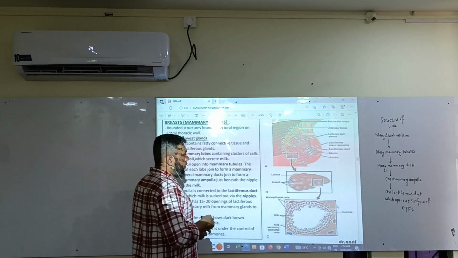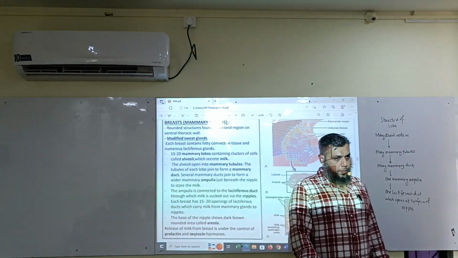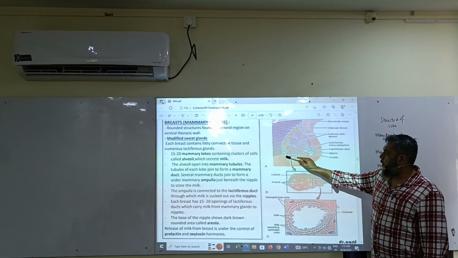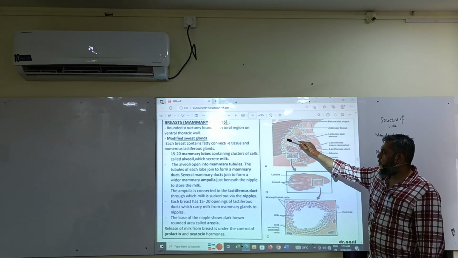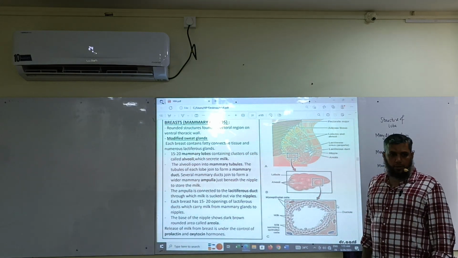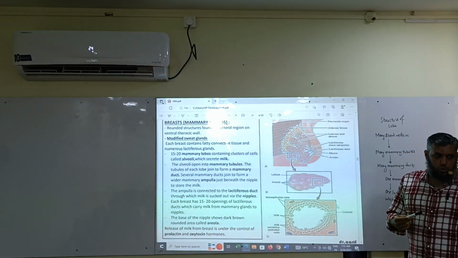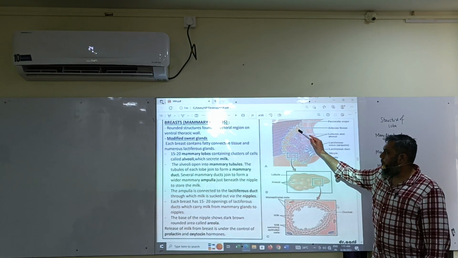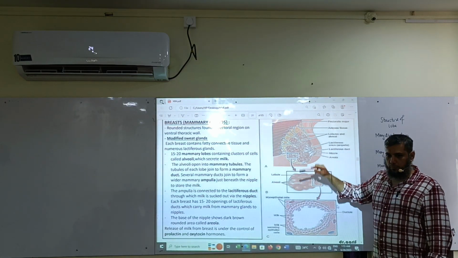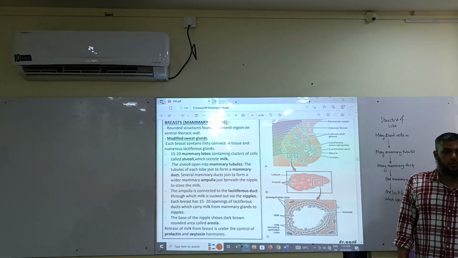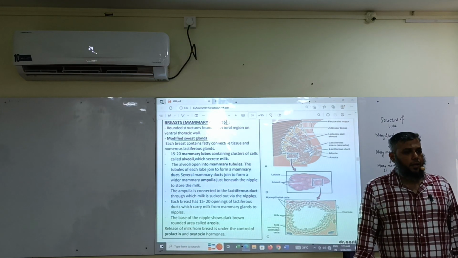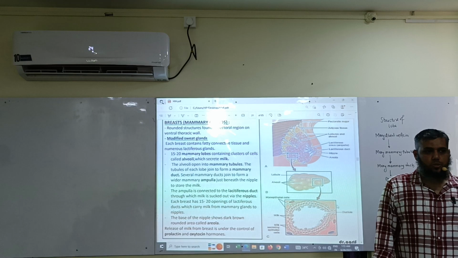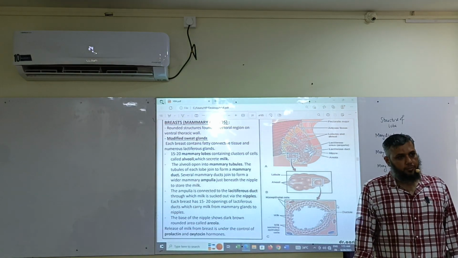If you see this particular slide over here, you will see that it is filled with adipose tissue. Got my point? So before pregnancy, there is a lot of adipose tissue over here. As a result of which the size of the gland will increase, and that is a sign of puberty, sexual maturity in a female child.